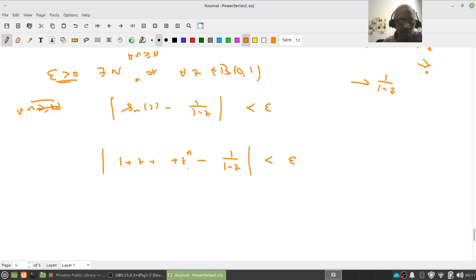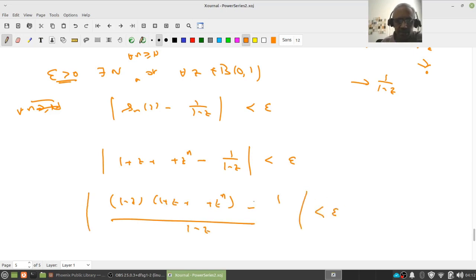I will have 1 minus z into (1 plus z plus ... plus z power n) minus 1 by 1 minus z. This should be less than epsilon. This should be true for all z with mod z less than 1.